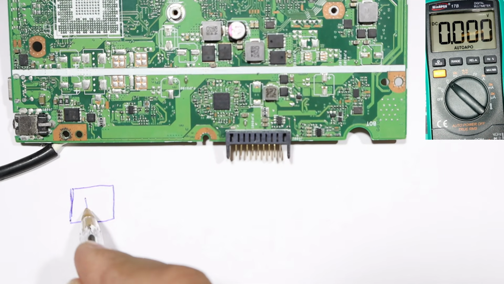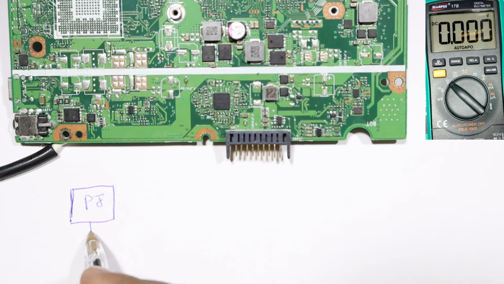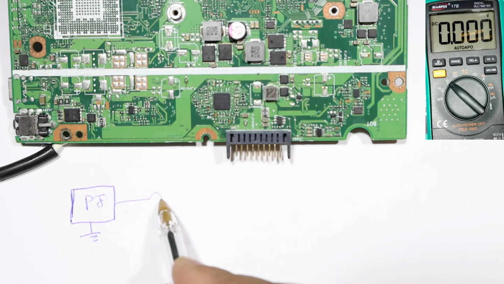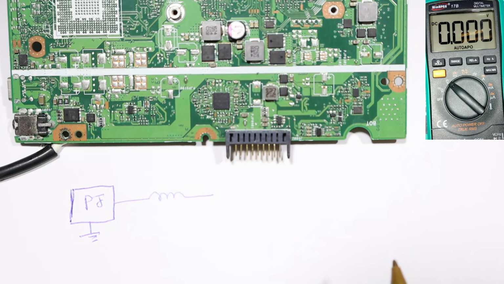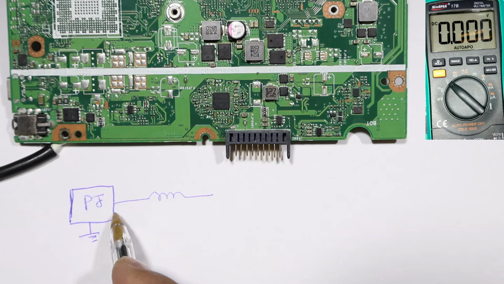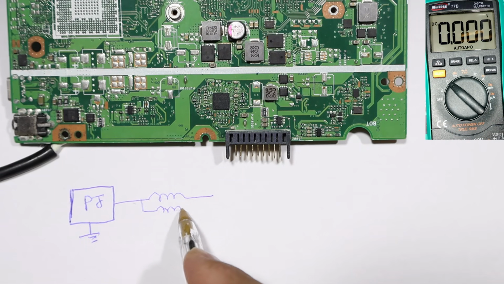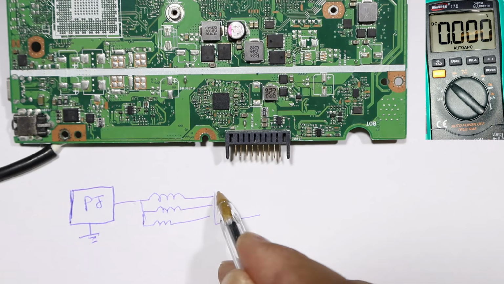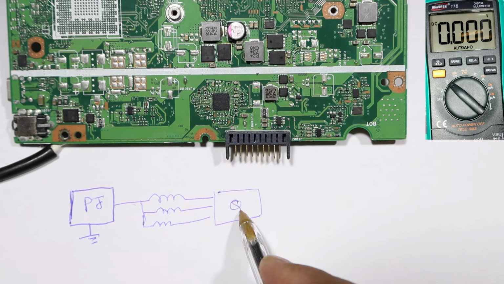The power jack is of course connected to ground and connected to, as you can see here, 3 coils and 1 capacitor. So here we have basically 3 coils. These 3 coils will be connected to a MOSFET.